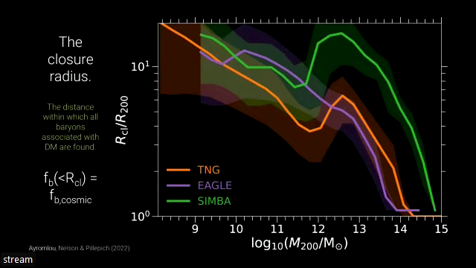In the TNG and the simple models, there's an assumption built in that when the accretion rate on the black hole drops low enough, there's a fundamental switch of the mode.